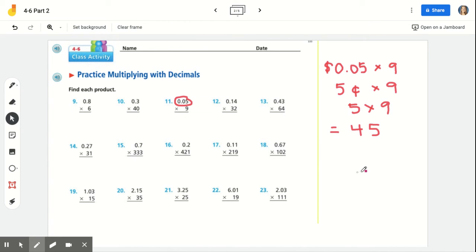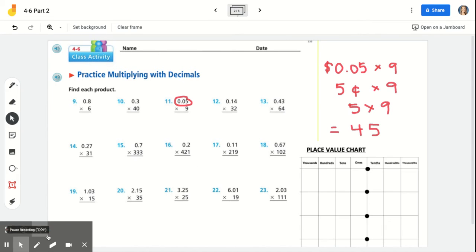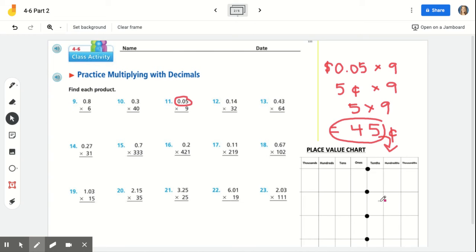Remember, what we did is we took our place value charts. Oops, I don't have mine out. Hold on. Okay, do you have your place value chart? What we did in those previous problems, remember, we put our cent form back into dollar form. This is equal to 45 cents. And how we put it back into dollar form is we put the last digit in the hundredths place value and then filled in the rest.